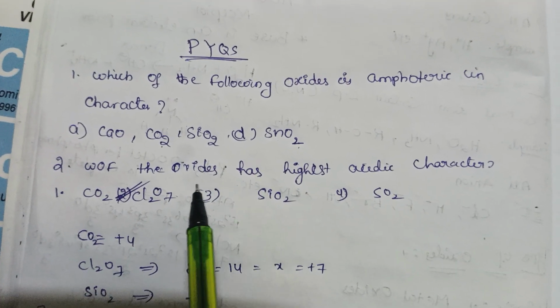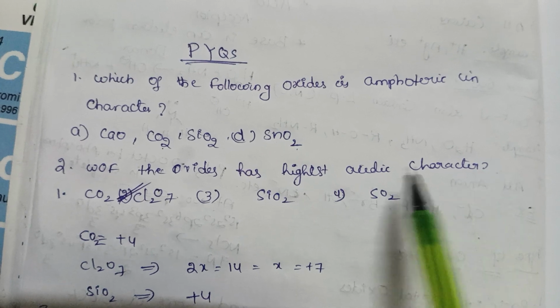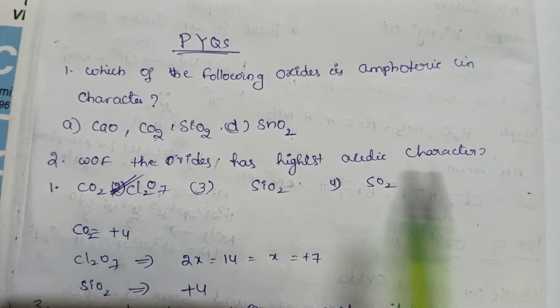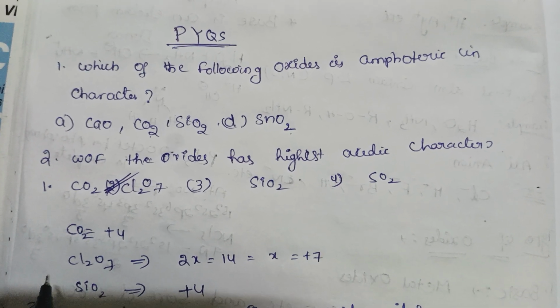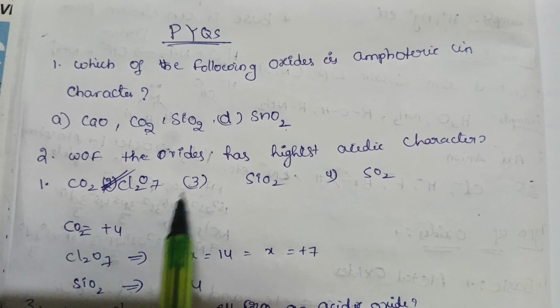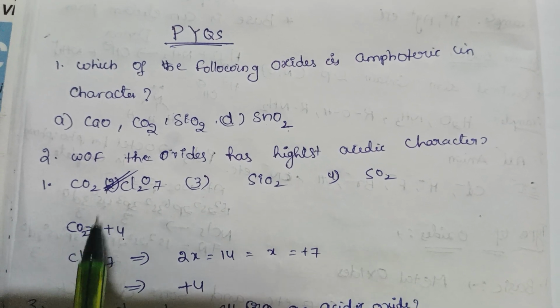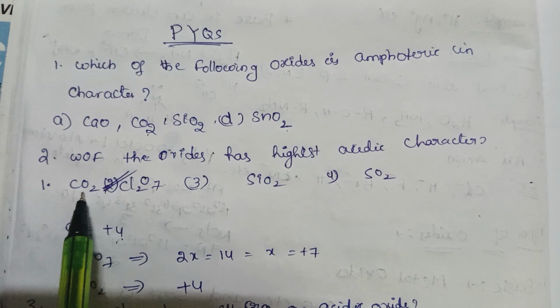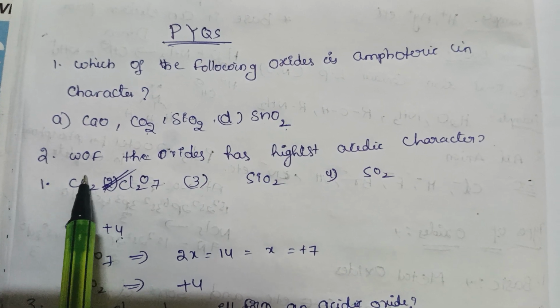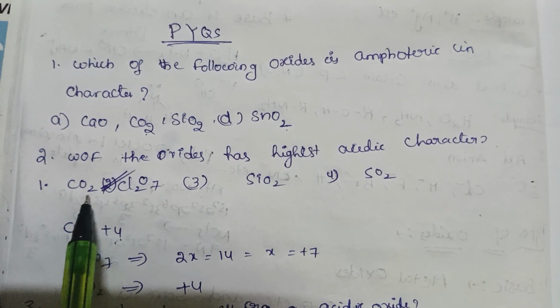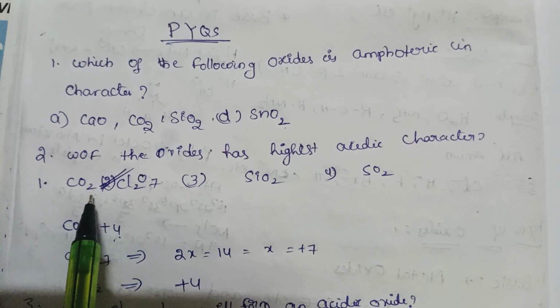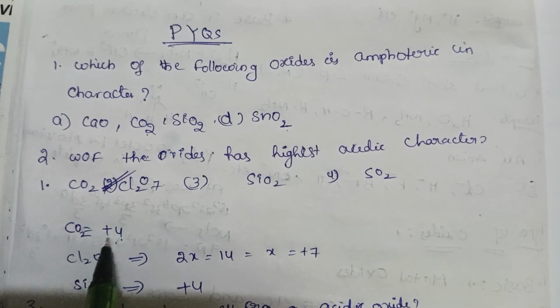Which of the following oxides has the highest acidic character? In CO2, oxygen is -2, so carbon is +4 oxidation state.